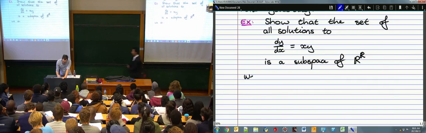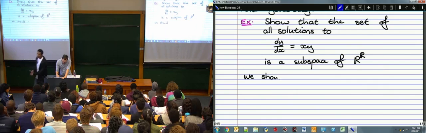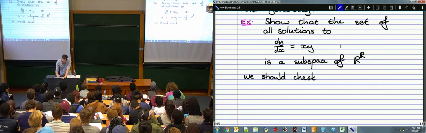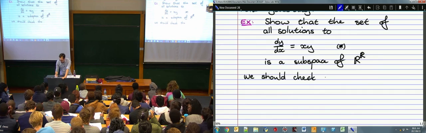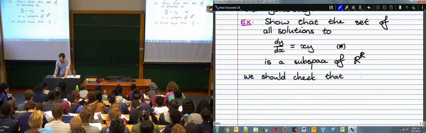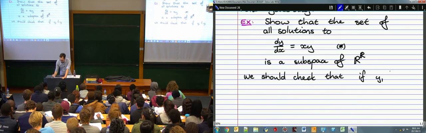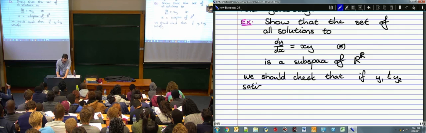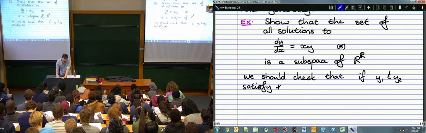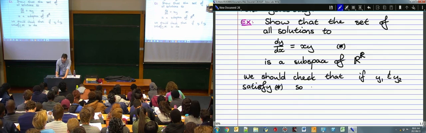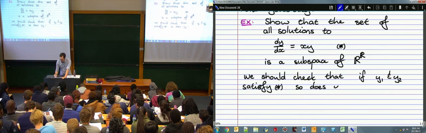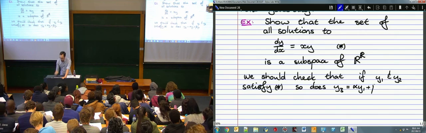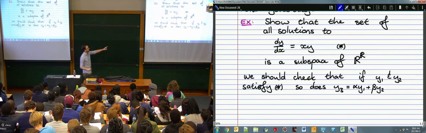So let me call this equation star. We should check that if y1 and y2 satisfy star, so does y3, where y3 is just an arbitrary linear combination of these two.